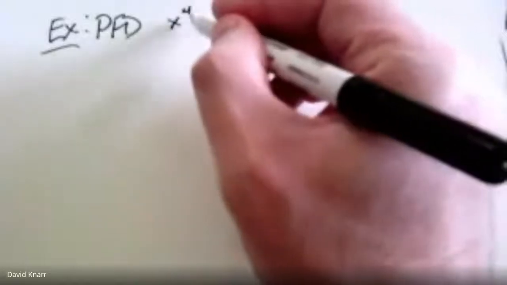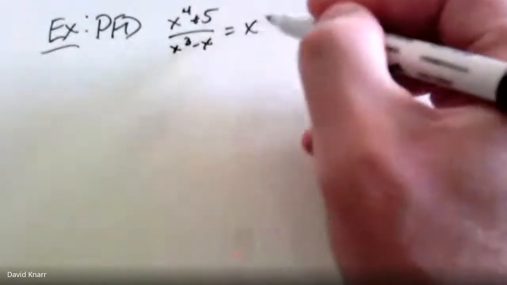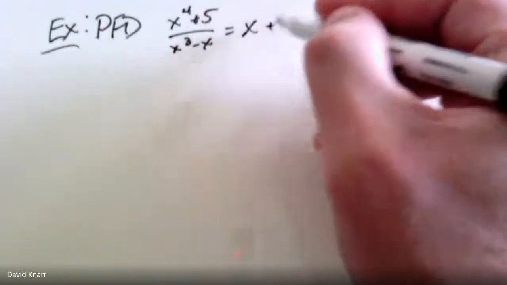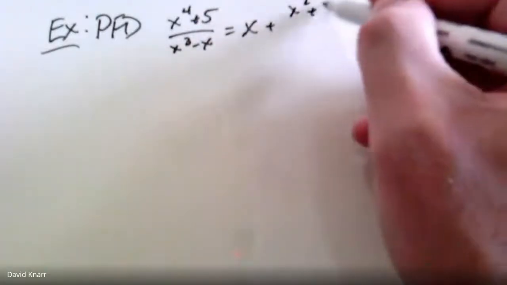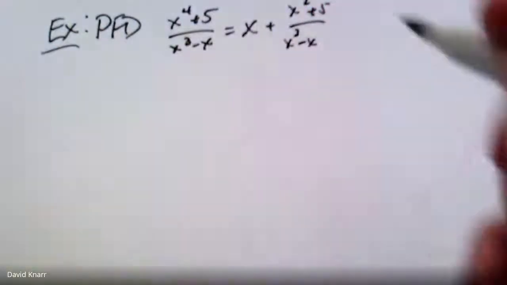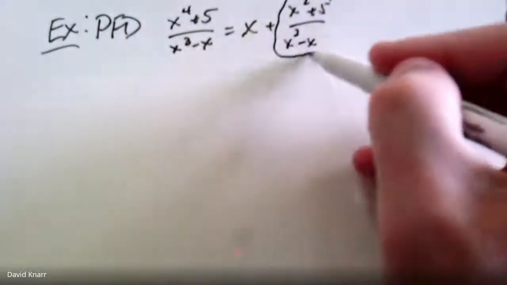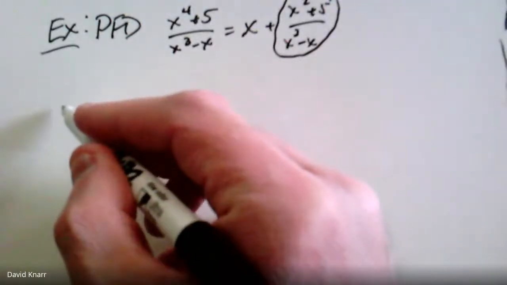So part of your answer here is going to be x. So let's just store it up here. We have x to the fourth plus 5 over x cubed minus x is going to equal x plus x squared plus 5 over x cubed minus x. And now we are going to decompose that. So let's do that down here, and we'll see what we get.